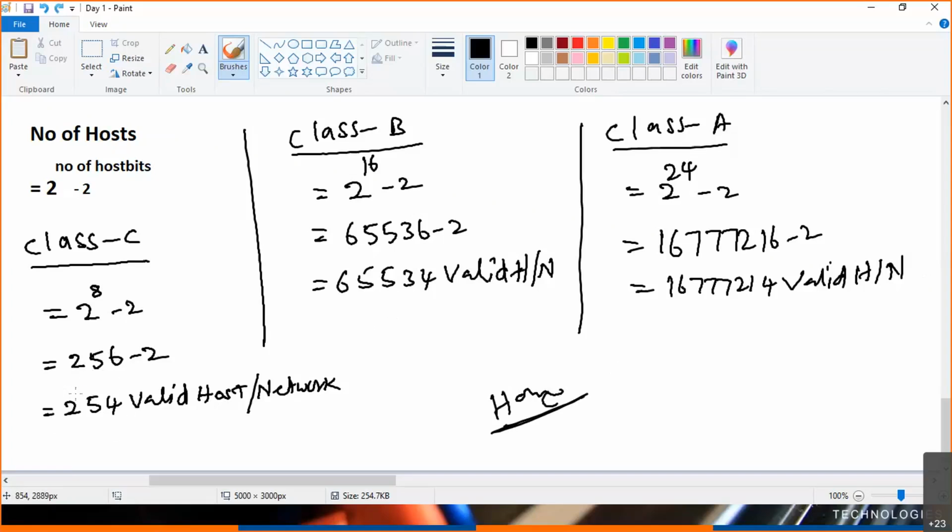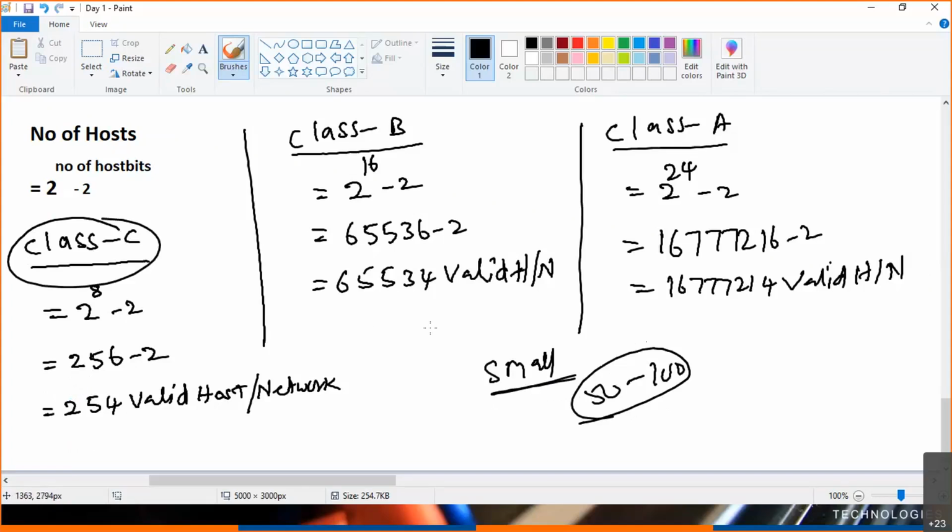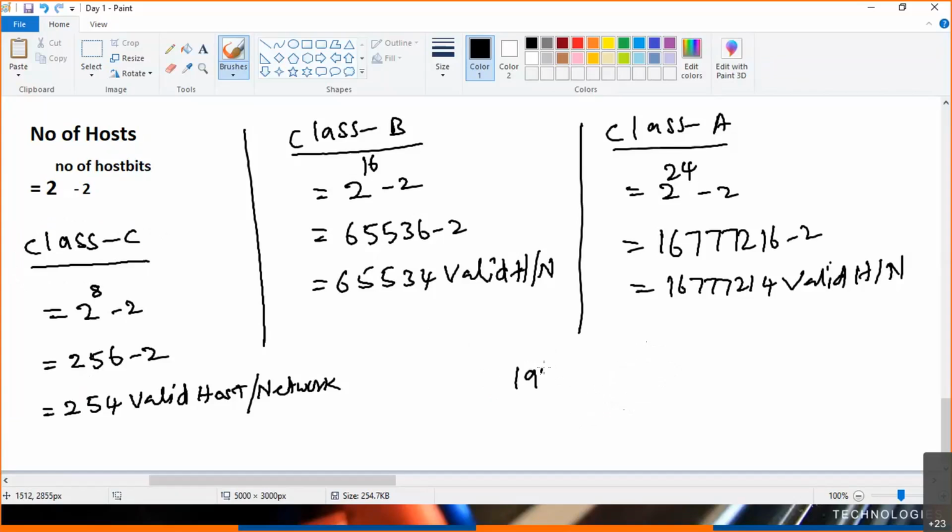For a small office or small organization with 50 to 100 devices, Class C is recommended. That is why we are so familiar with 192.168, which is a Class C IP address.